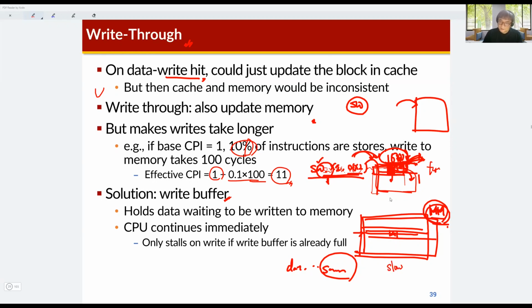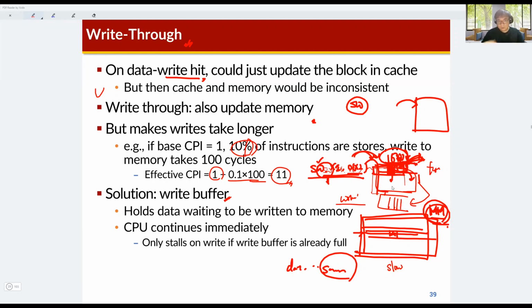In this case, instead of directly accessing main memory with the write request, we can add a buffer. This buffer is called the write buffer. So when a write request is sent to the main memory, these write requests are temporarily stored in this write buffer.